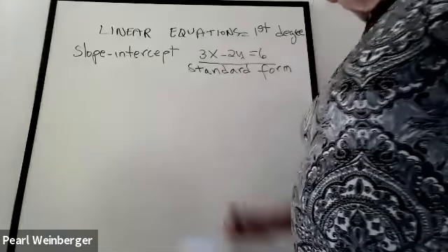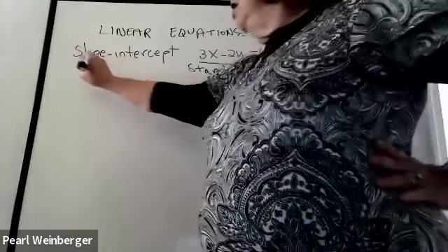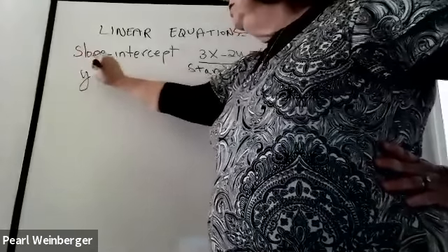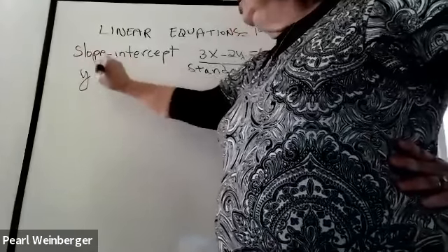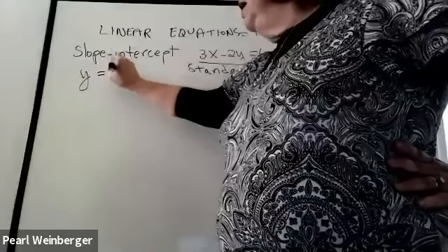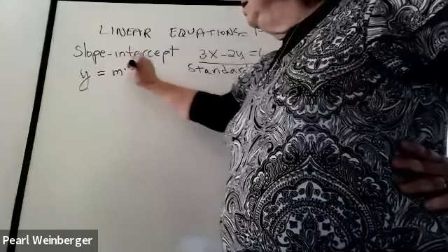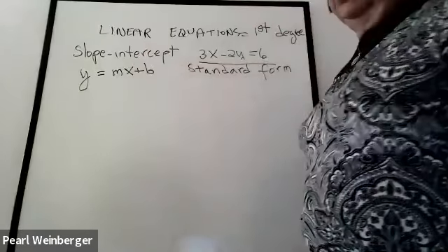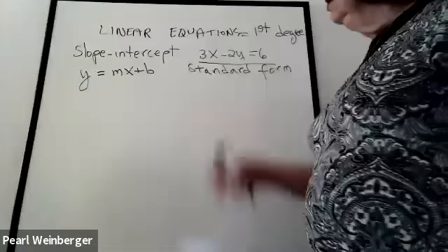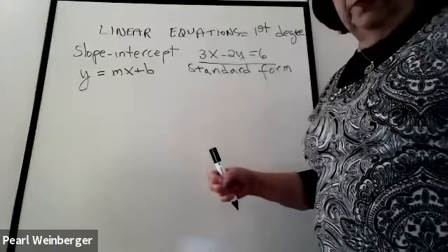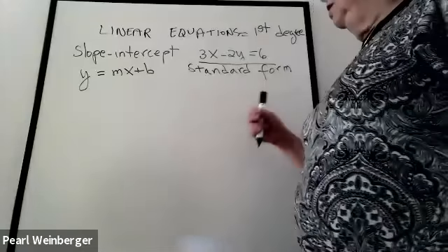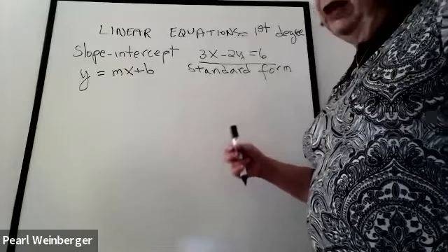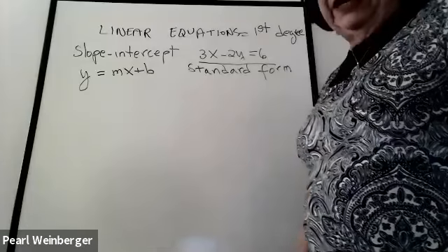There is another format of the equation of a line, which is called the slope-intercept form, which is written as y equals mx plus b. And if you have the equation given in the slope-intercept form, then you can use what's called the slope and the y-intercept to graph the line, and that's what I'm going to show you right now.